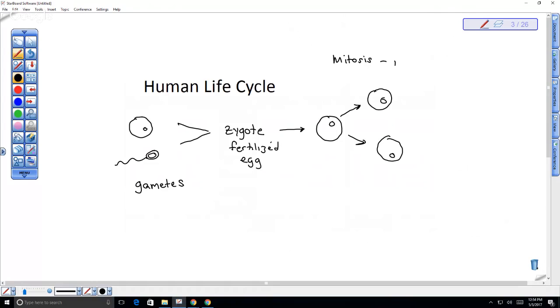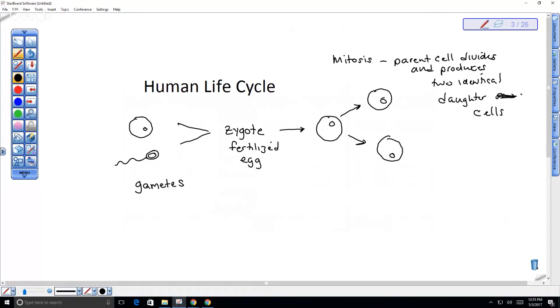This is where the parent cell divides and produces two identical daughter cells. They could just as easily be called son cells, but they just call them daughter cells. It doesn't mean that they're female, right?